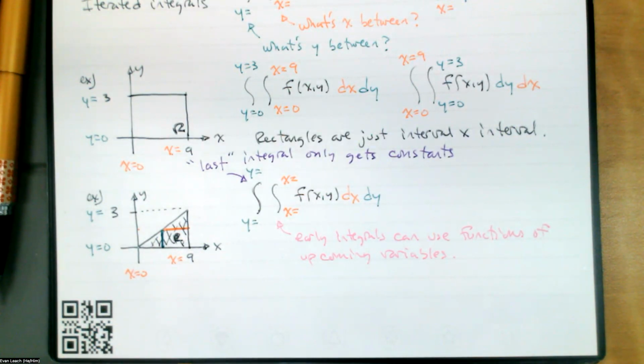Once we start making the calculations, it will make more sense. So I don't know if you want to make calculations first. Do it this way. I chose this way. So since the last integral can only involve constants, that's the one that we should start with. Because the only thing that we can say y is between is 0 and 3, because we have to use constants.